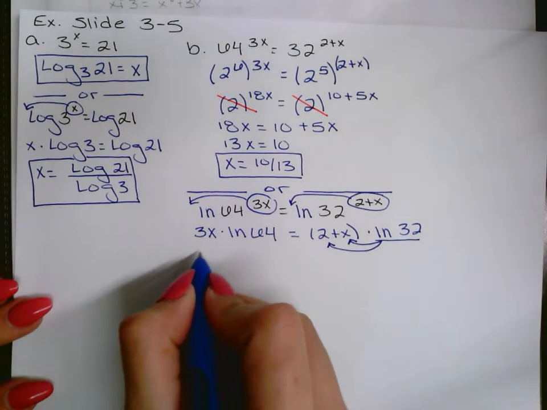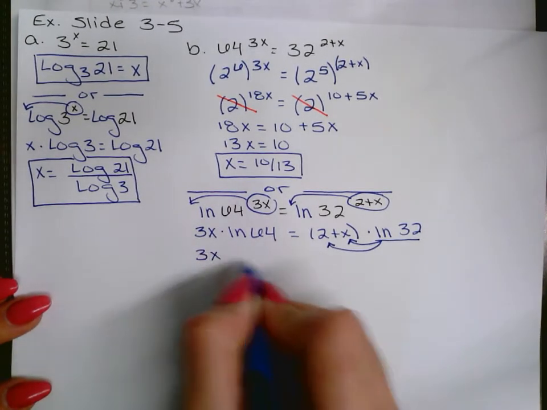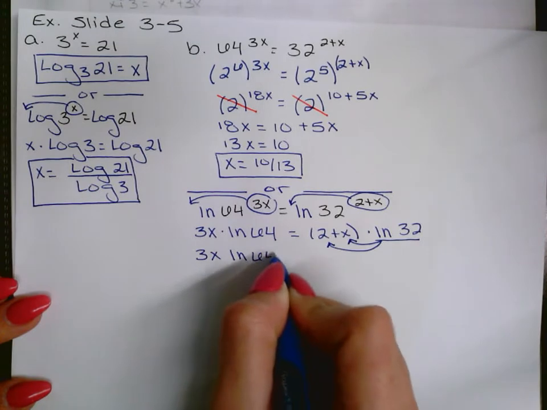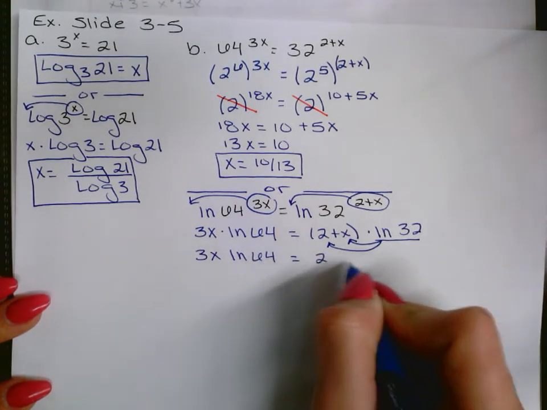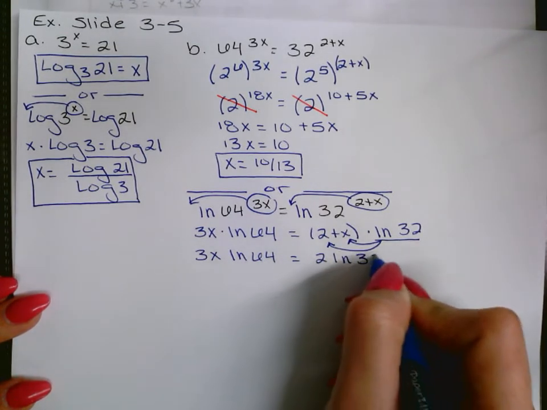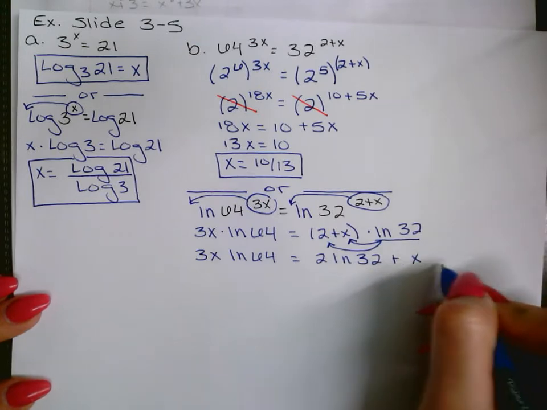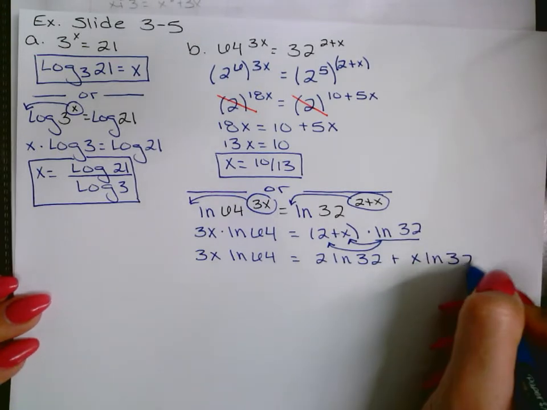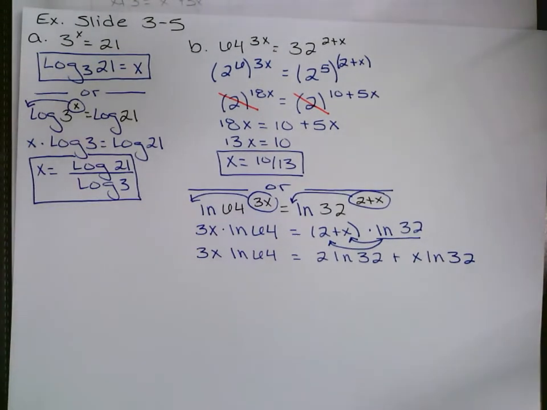So if I clean that up really quick, it'll say 3x ln of 64 equals 2 ln of 32 plus x ln of 32. So now, just like how you were taught in Algebra 1 that when you wanted to solve for a variable, you got anything that had that variable over to one side and anything that did not have the variable to the other, we're going to do the same thing here.